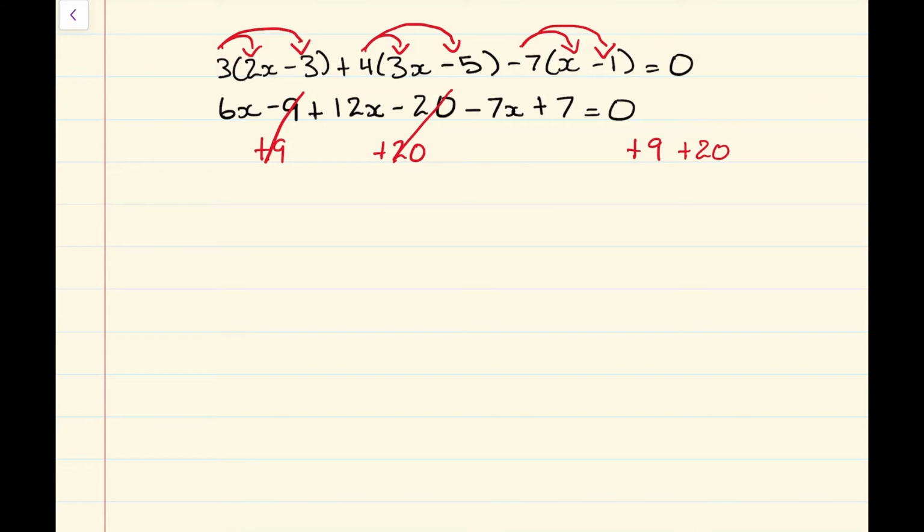And then finally, let's subtract 7 from both sides so that they will cancel. So then our resulting equation will be 6x plus 12x minus 7x is equal to 9 plus 20 minus 7.